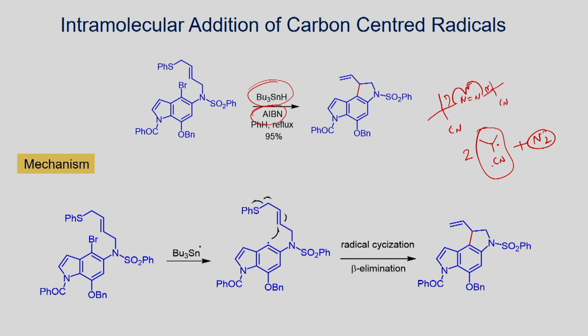When you have this radical, it can react with the tin hydrogen bond, which is weak, and you will be able to form tributyl tin radical.